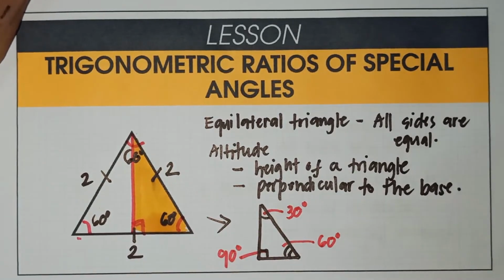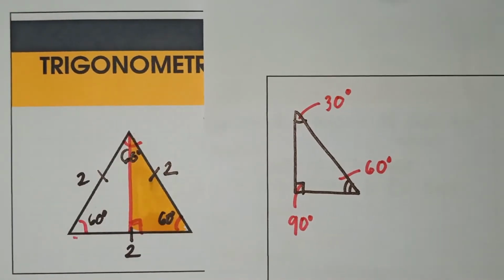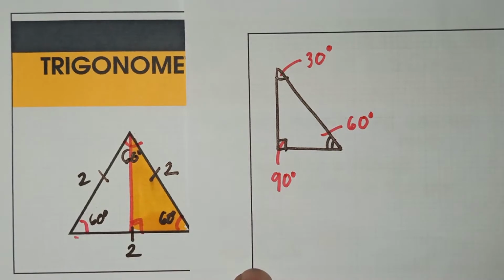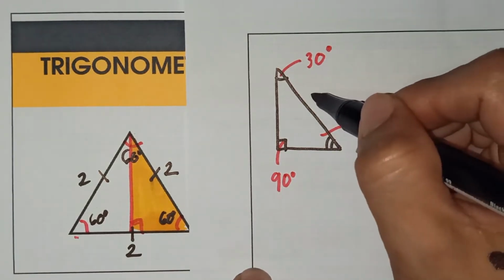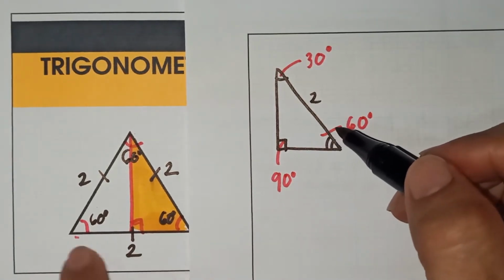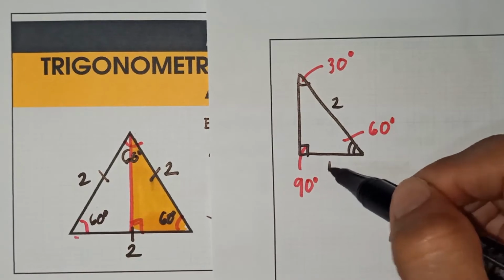This is the reason why we have the 30, 60, 90 right triangle. As we continue, based on the given, this is now 2, and since the altitude bisects the base, we're able to divide the base, so this is now 1.